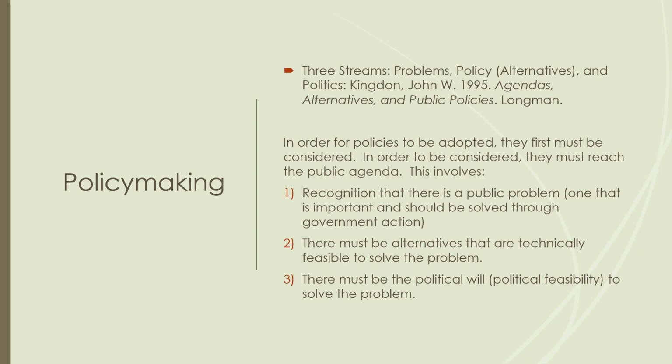The book that I originally learned on was the 1995 edition of his Agendas, Alternatives, and Public Policies. In order for policies to be adopted, they first must be considered, and Kingdon's focus was on how policies reach the public agenda. The public agenda being the agenda of government and the people who are trying to influence government.